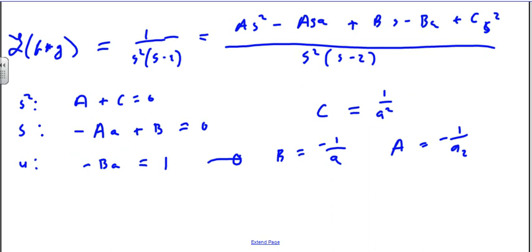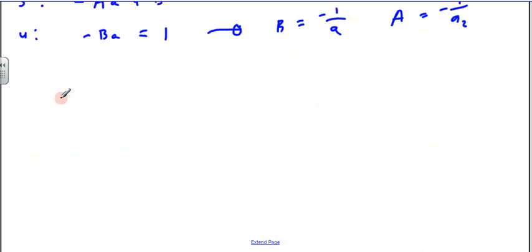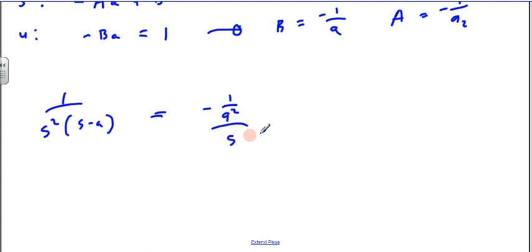So now we have that 1 over s squared (s minus a) is going to be minus 1 over a squared divided by s, minus 1 over a divided by s squared, plus 1 over a squared divided by s minus a.